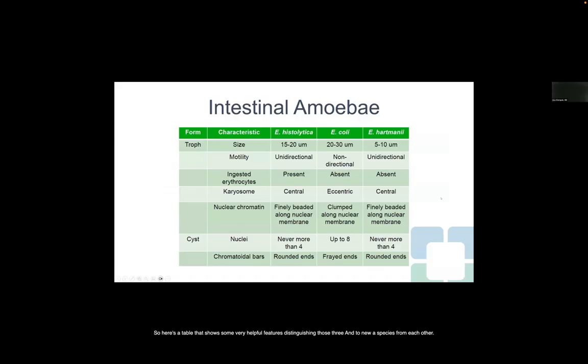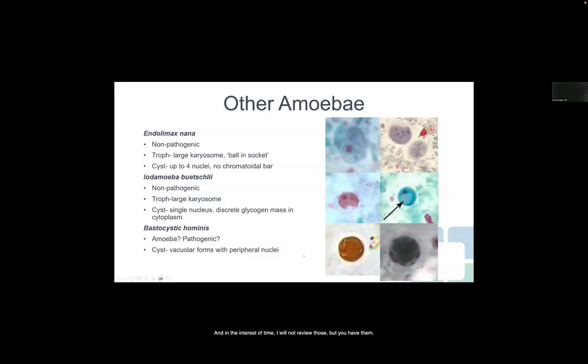So here's a table that shows some very helpful features distinguishing those 3 Entamoeba species from each other. And in the interest of time, I will not review those, but you have them. Some other amoeba that are also non-pathogenic are Endolimax nana. In this case, our trophozoite has a very large karyosome that's described as ball and socket.